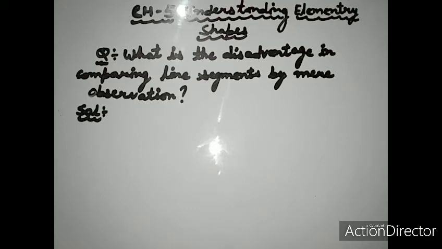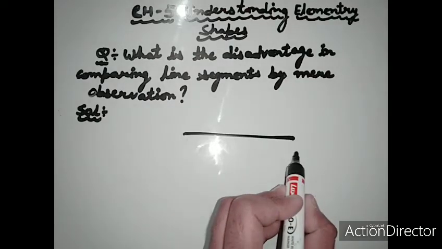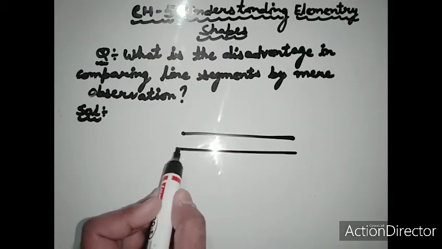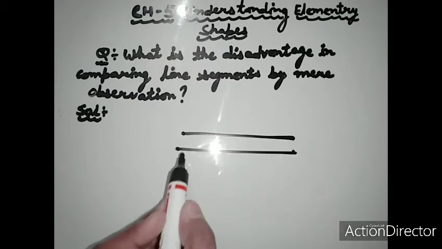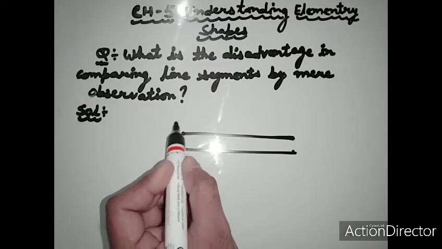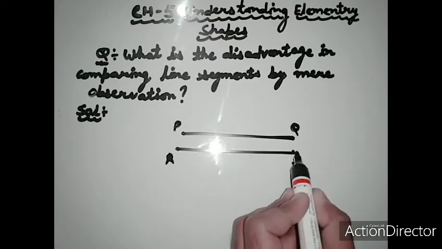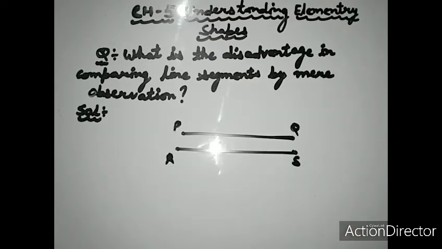So here, by mere observation, we can't compare line segments with a slight difference in their length, right? Now we take one example. If we draw two line segments like this, there is a slight difference between the lengths. Taking the first line segment PQ and RS, the second one is a little bit greater, but it is very tough for us to find the exact difference of their length, right?